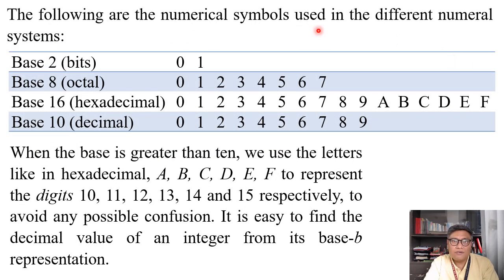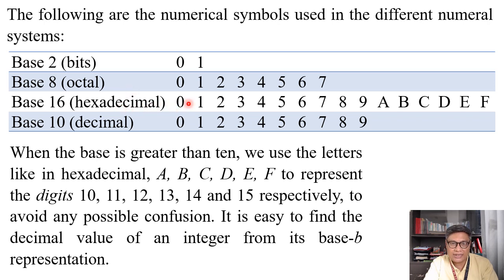To familiarize ourselves with the symbols used for the different bases: in base 2 we only use the numerals 0 and 1, so we don't see any 2, 3, 4, or 5. For octal, our digits are only from 0 to 7; we cannot see 8 or 9 in base 8.